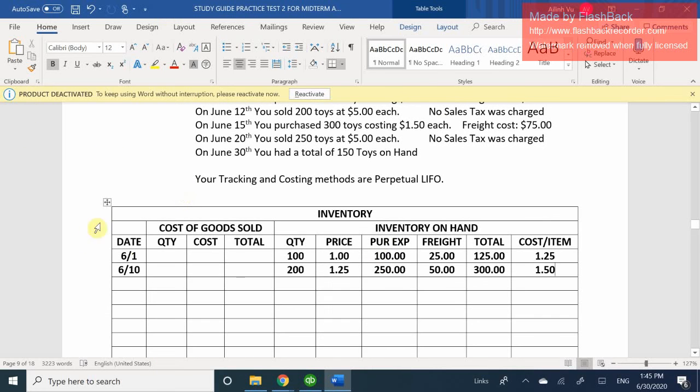What happened on June 12th? You sold 200 toys at $5 each. All right. So how do we enter it into the table? It's 200 at a cost of $1.50 because we're last in, first out, which is going to be $300. Perfect. Wait, how much did I sell? 200.